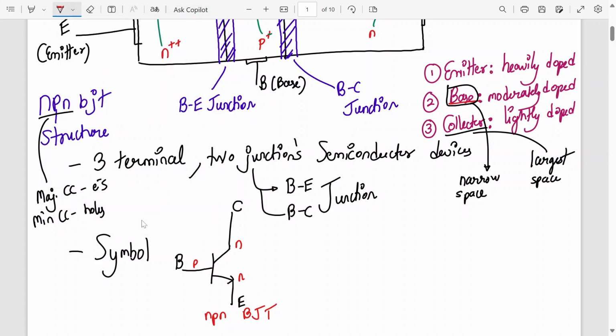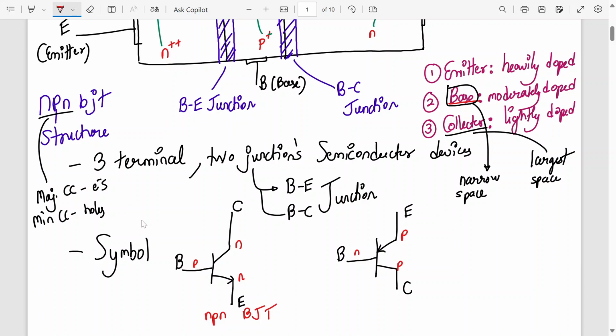Similarly, there is the PNP symbol. The PNP symbol is like this. For PNP, we have the arrow going inwards. Here is the emitter terminal and here is my collector terminal. So this is the symbol for a PNP transistor.